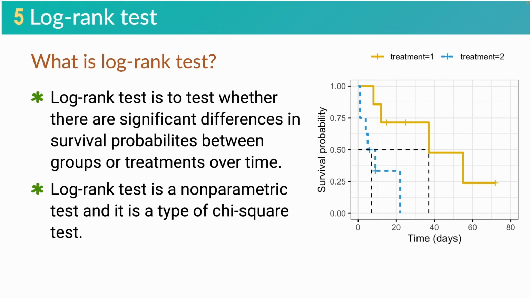For example, we can use the log-rank test to compare whether the treatment methods significantly affect the survival time of patients. A log-rank test is a non-parametric test, and it is a type of chi-square test.